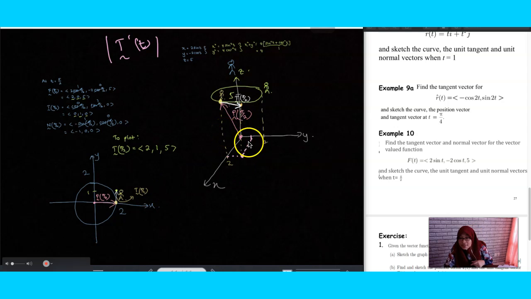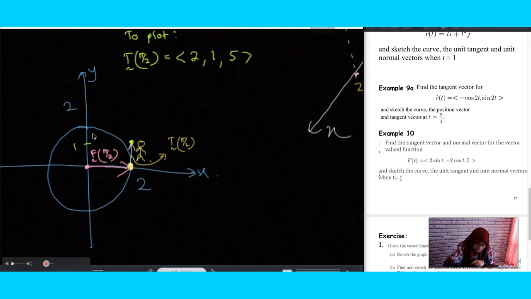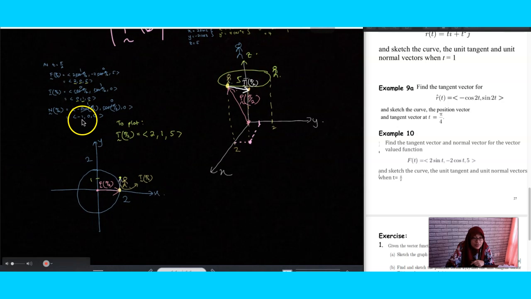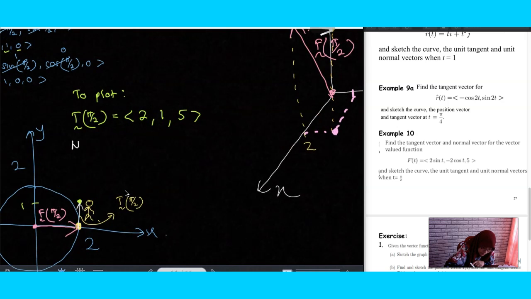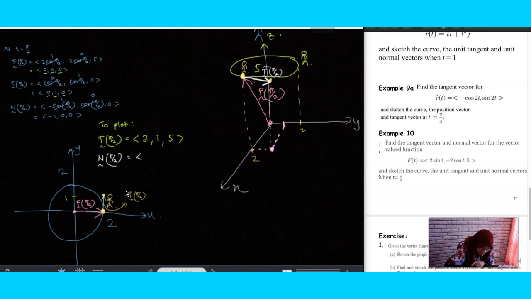Okay, now we haven't completed yet. So unit normal. Okay, unit normal, look at the 2D: minus 1, 0. Again, you cannot directly use the minus 1, 0 because you are starting from the point 2, 0, 5, meaning that to plot your unit normal vector at t equal to pi over 2, you have to add.